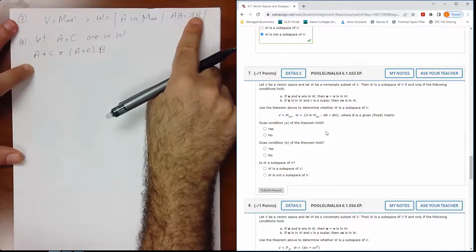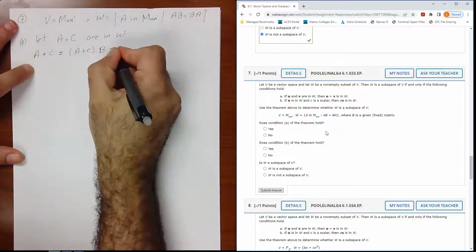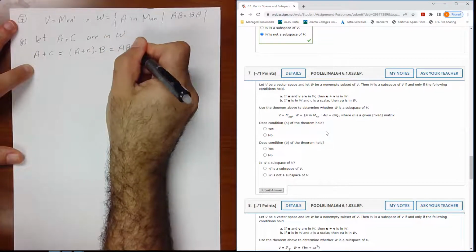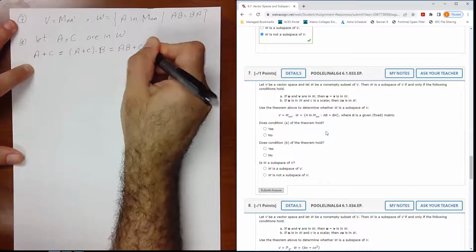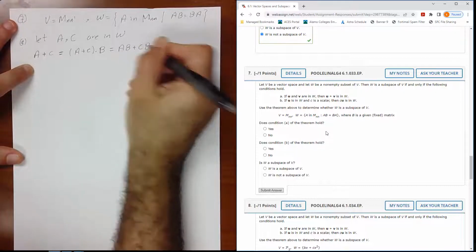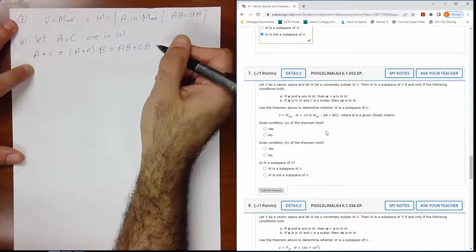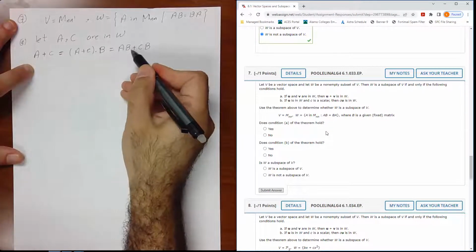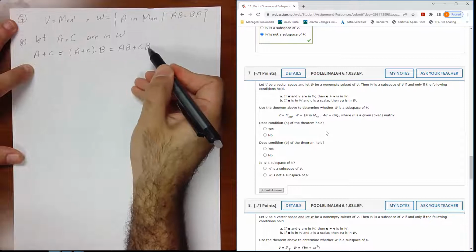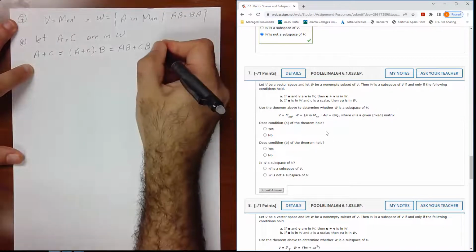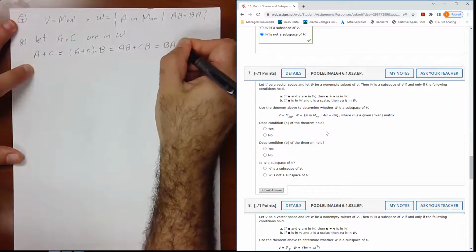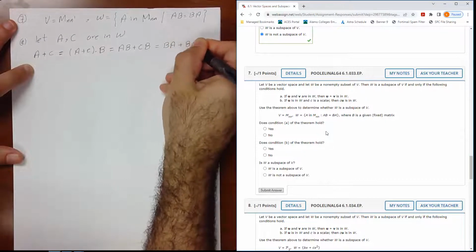This equals AB plus CB. Since AB equals BA and CB equals BC, this is equal to BA plus BC.